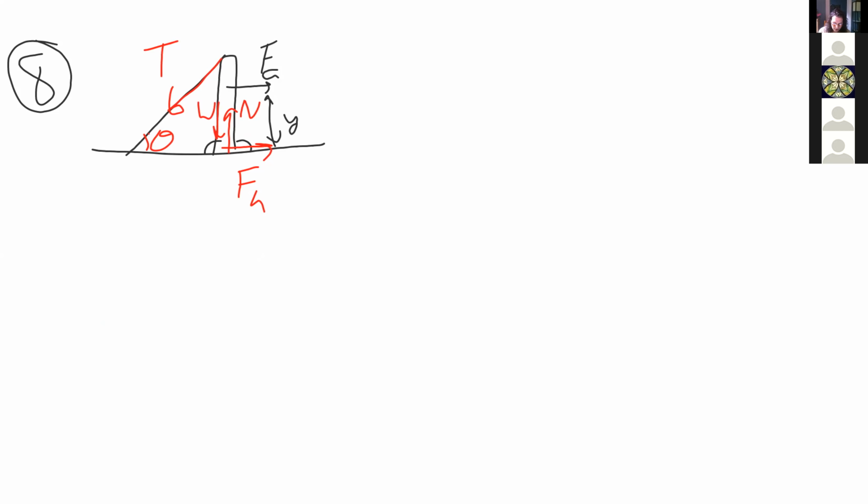Now, for the calculation here, we could do the sum of the forces in the x direction. You have the hinge force plus the applied force will be equal to, well, let me actually write that down. You don't need to write this down, but what you get from summing the forces in the x direction is that the hinge force plus the applied force will be equal to T times the cosine of the angle theta.